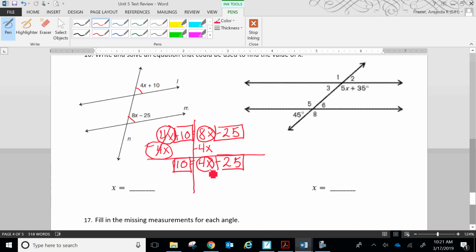I want to get x by itself, so I'm going to put my boxes on the left side. I need to get rid of minus 25 by adding 25. So I'm left with 4x equals 35. And I'll divide by 4. 35 divided by 4 gets me 8.75.